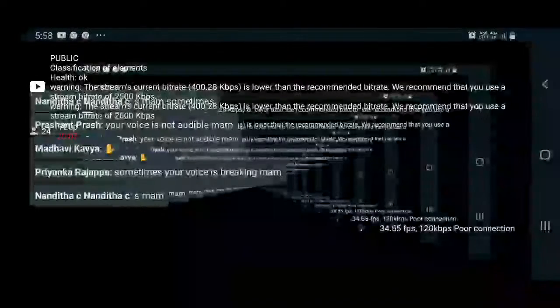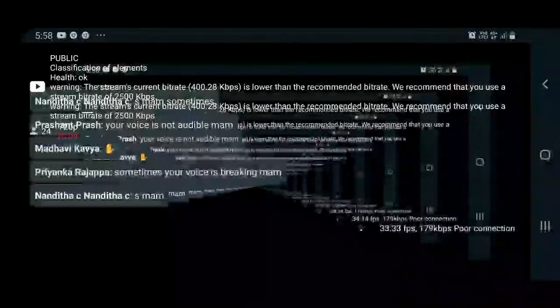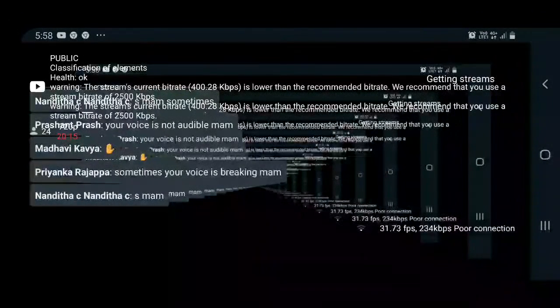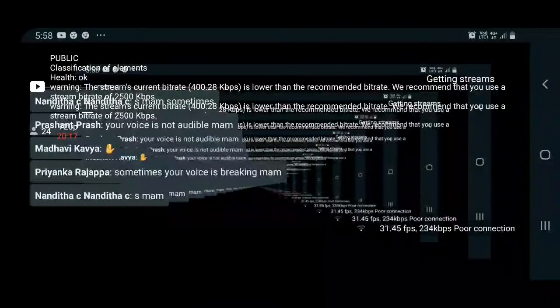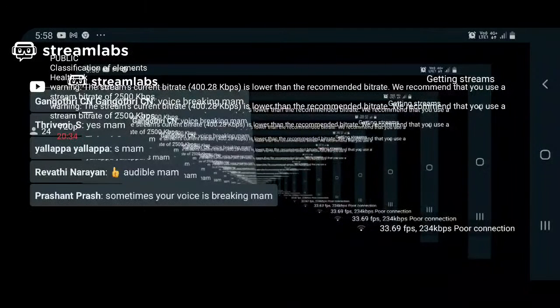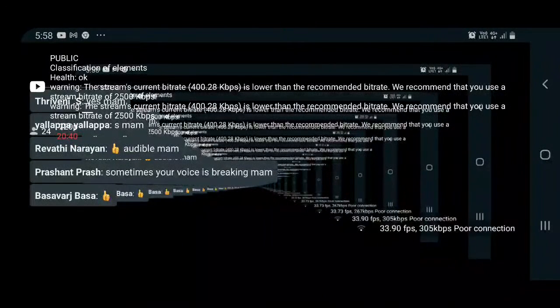She has good audio, right, Revati? And Priyanka sometimes has voice breaking. Okay. Nandita, yes. Sometimes it happens because we started this session in the evening. Definitely we will have this problem when we start in the evening. And Basavaraj, she doesn't have any problem. She gave a thumbs up. She can hear me.